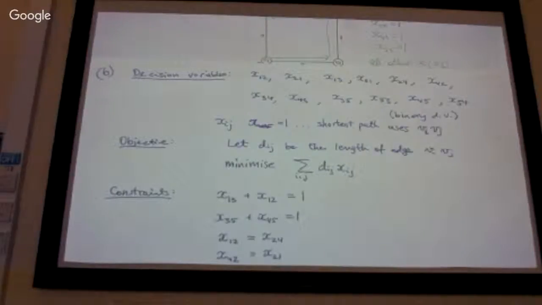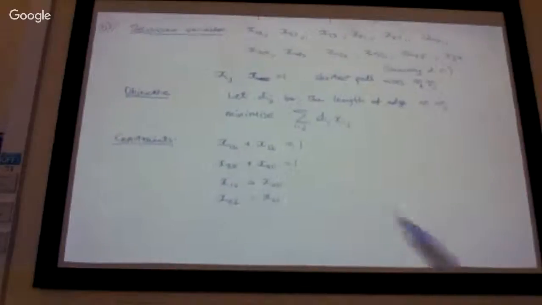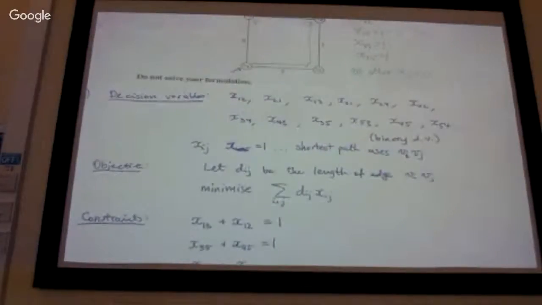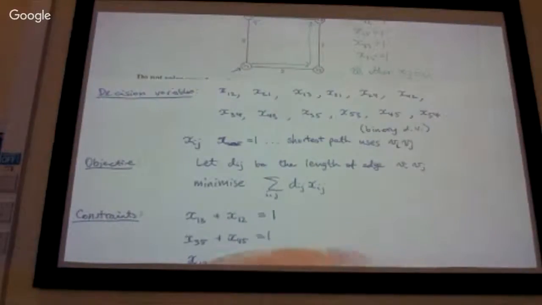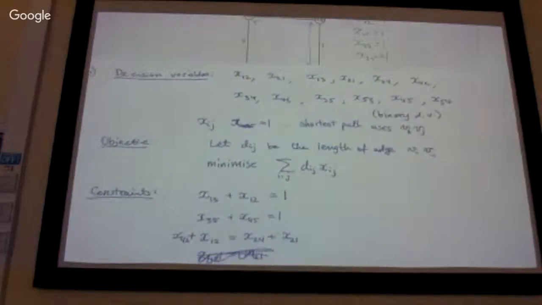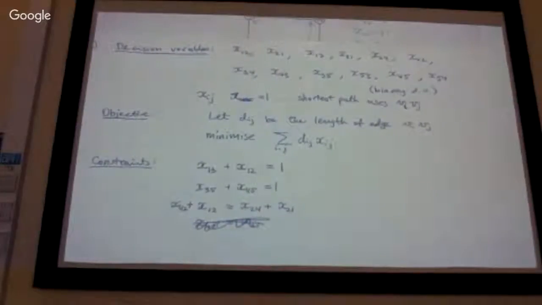Now in vertex 2, the thing I want is, if I arrive no matter where from, then I need to leave no matter where to. So that's a better one. Sorry. I need one like that for vertex 3 as well.